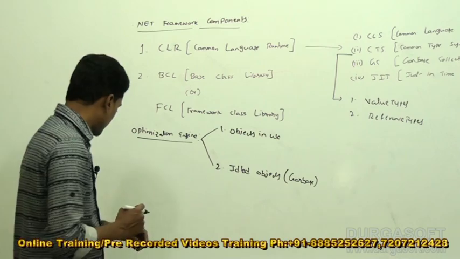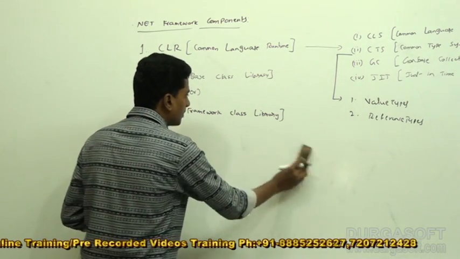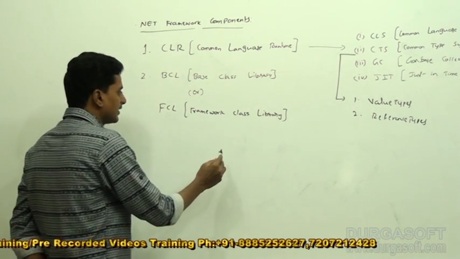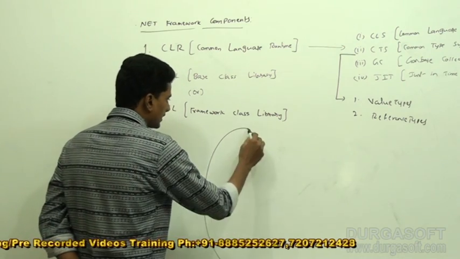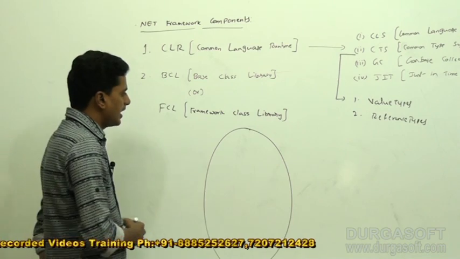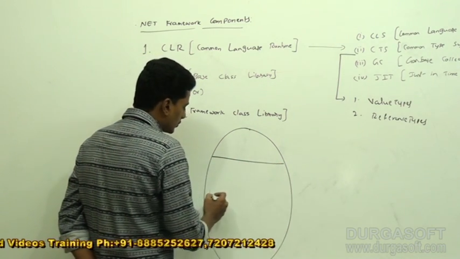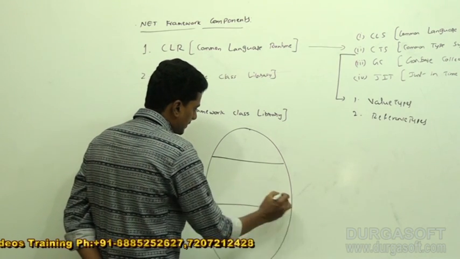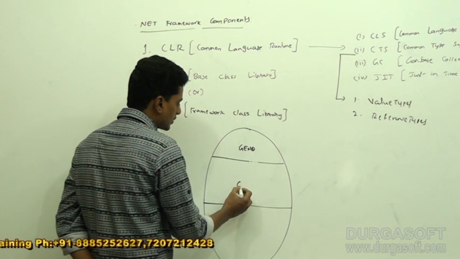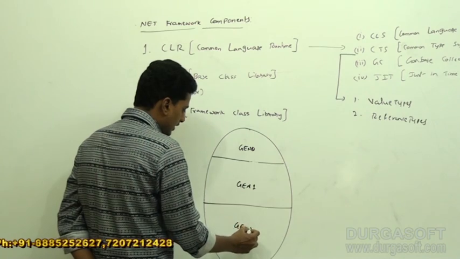The garbage collector works completely with the managed heap. This is the managed heap. The garbage collector is divided into three generations: generation 0, generation 1, and generation 2.